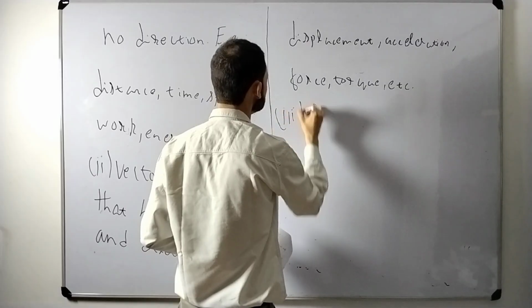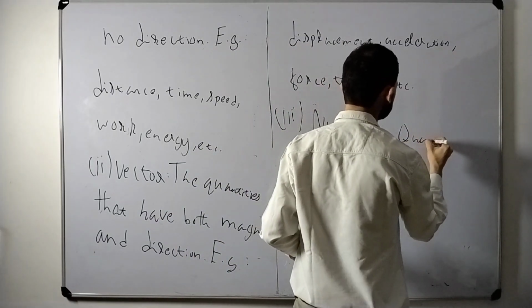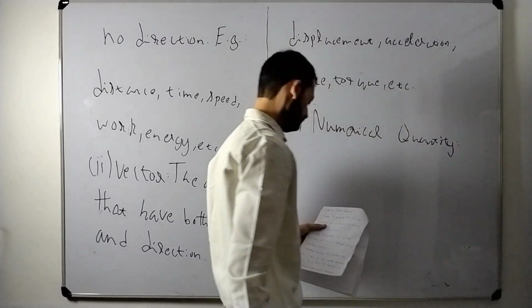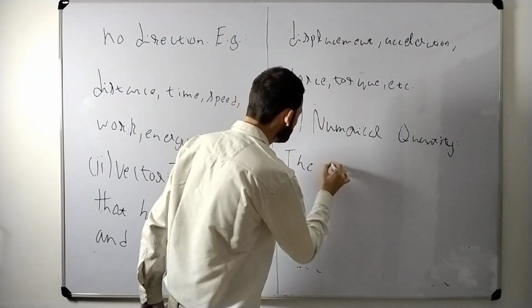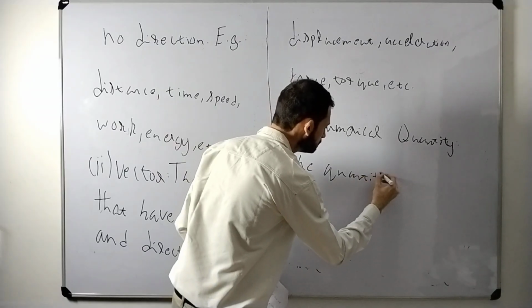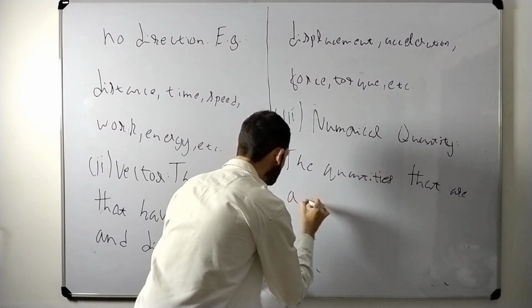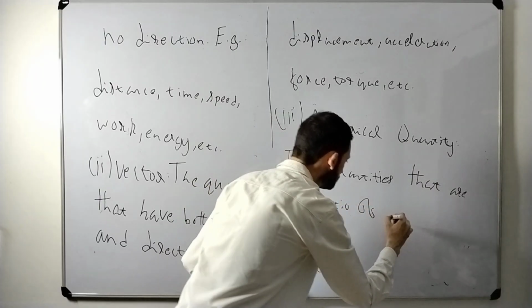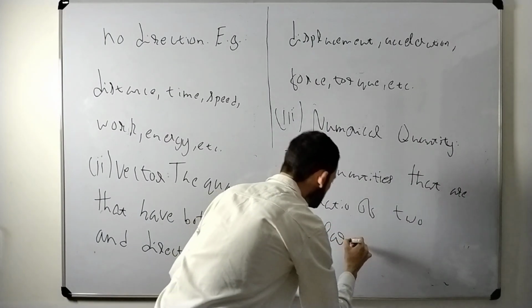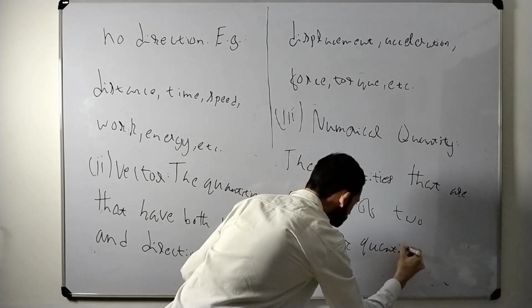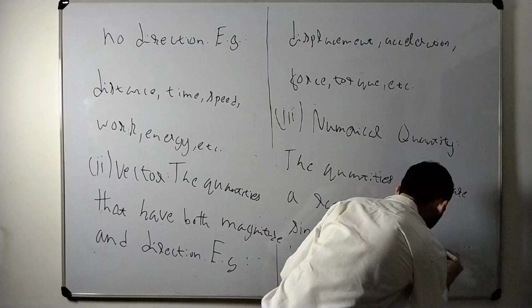Third, numerical quantity. The quantities that are a ratio of two similar quantities and have no units.